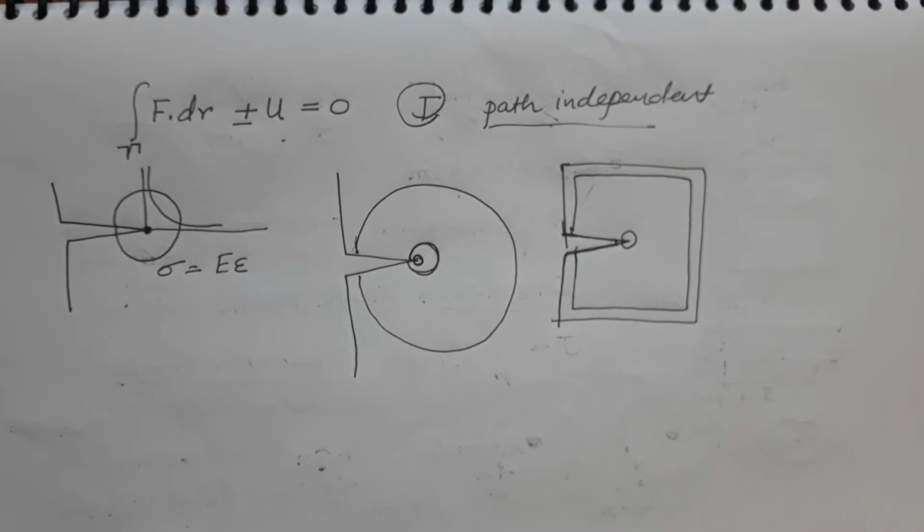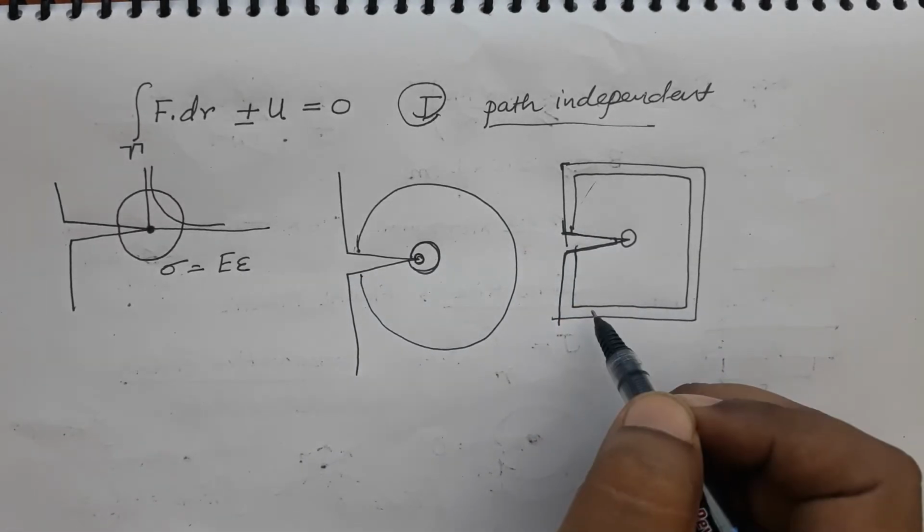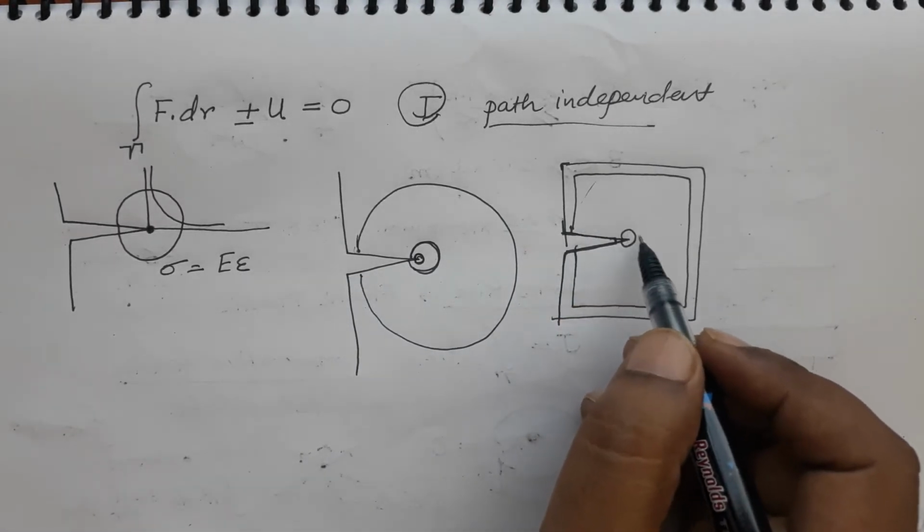So, in the last lecture, if you remember, we spoke about integration, which is path independent. If it is path independent, then it is possible to calculate something far away from the crack tip and still know what is going on at the crack tip.